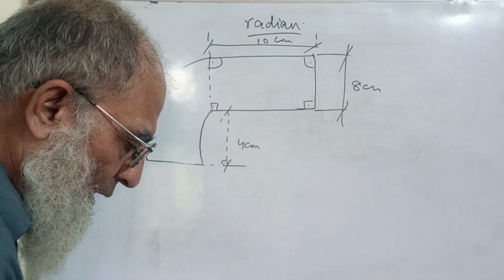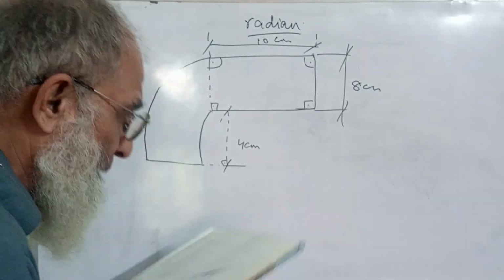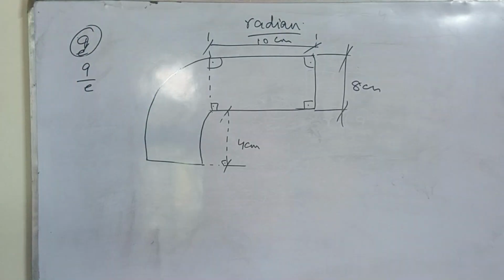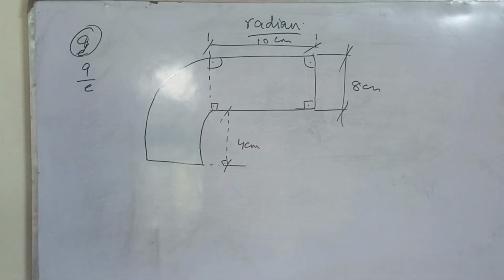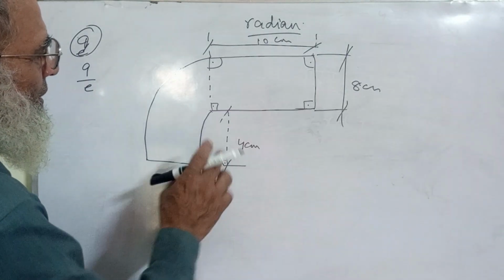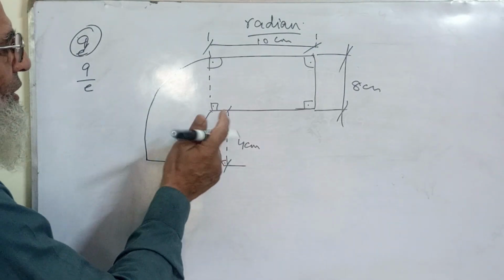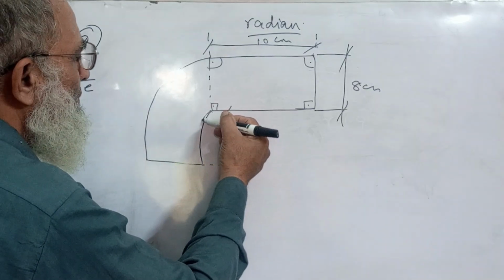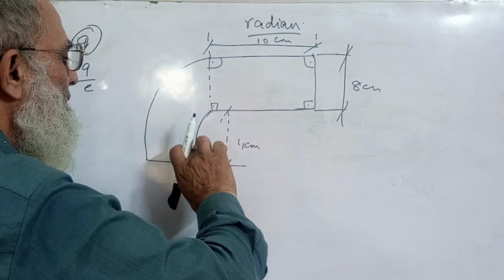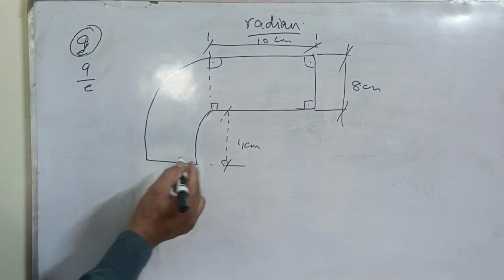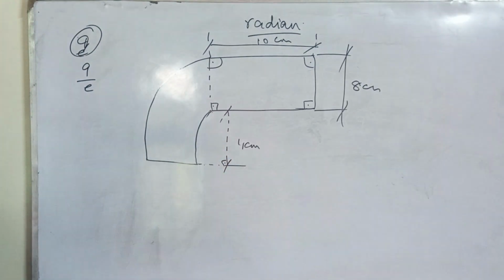Now what we have to find is area and perimeter. So perimeter is rather easy. Note that the radius of this quarter circle is 4 centimeter.